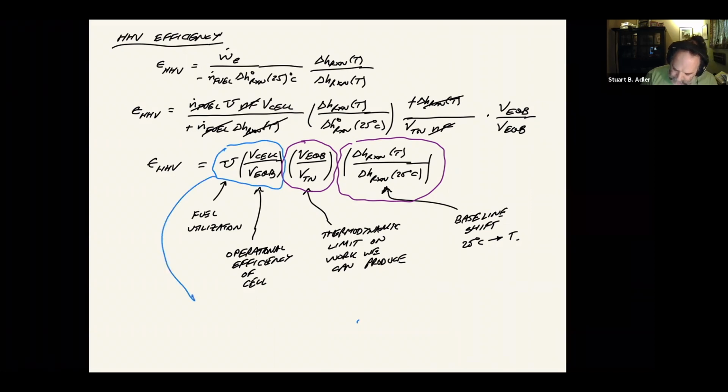So how much fuel we use, what percentage of the fuel actually gets consumed electrochemically, and how efficiently we convert that fuel relative to the equilibrium potential, that's where we can make a difference in how we design the cell and how we operate the cell. So this is the part that's subject to engineerability.